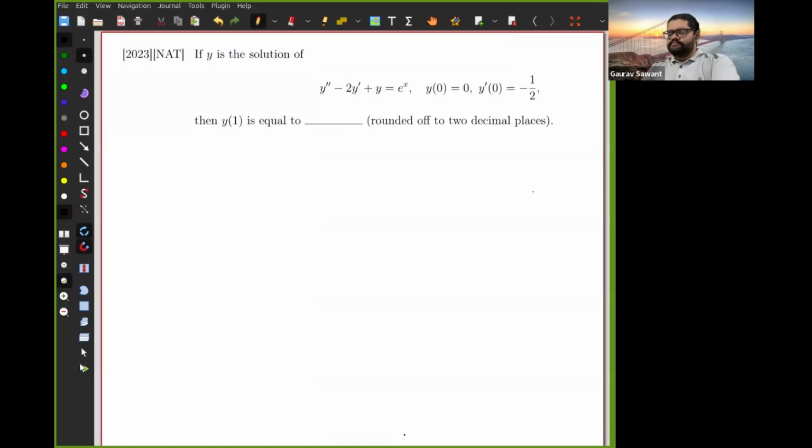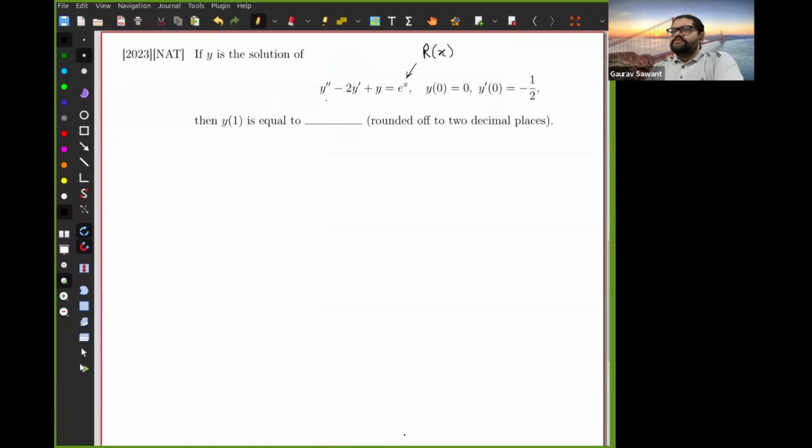Okay. So we have y double dash minus 2y dash plus y equal to e^x. So this e^x is my r(x).